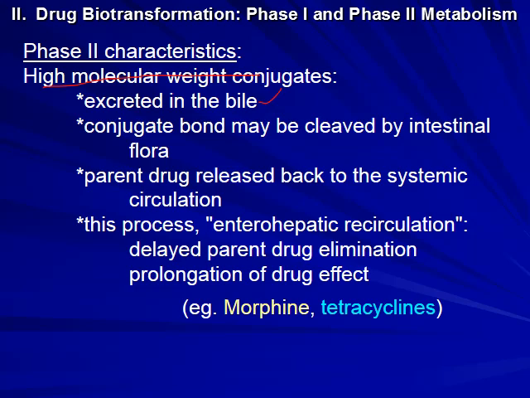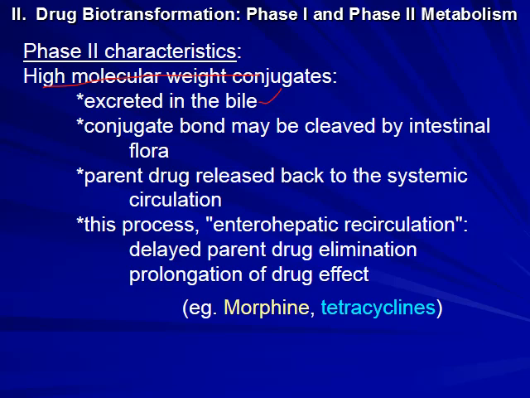So here, the parent drug can be released back into the systemic circulation. You thought it was being excreted and being dumped in the feces. And here it is coming back, being reabsorbed. So this word enterohepatic is telling you what's happening. The drug is cycling back from the bile, right?